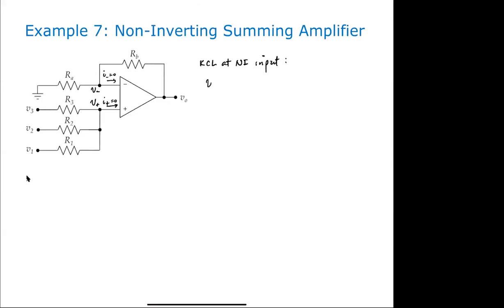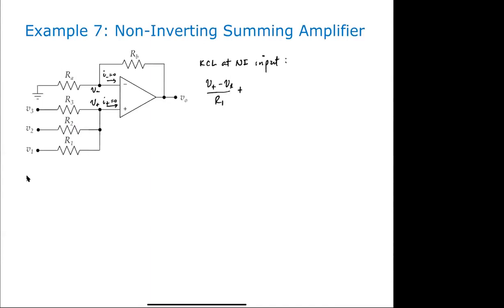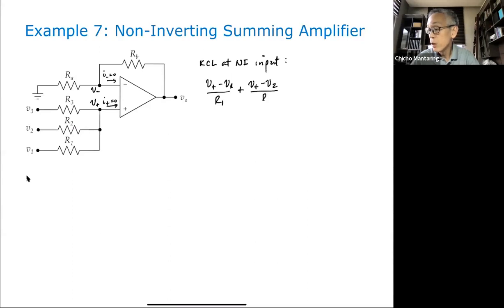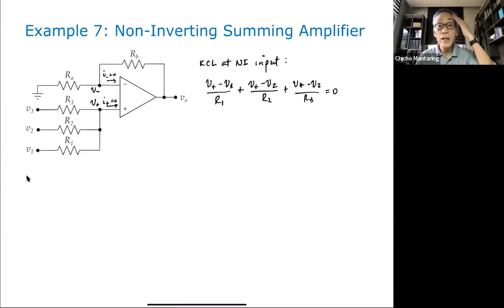V plus minus V1 over R1, plus V plus minus V2 over R2, plus V plus minus V3 over R3 is equal to 0. So that's KCL at the non-inverting input.